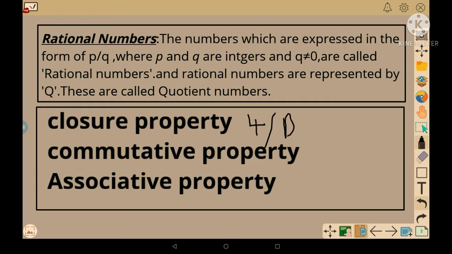DP means distributive property, but this is a well-known property, so I am not focusing on it. These 3 are important for us now. So let's learn the closure property, commutative property and associative property while doing sums.